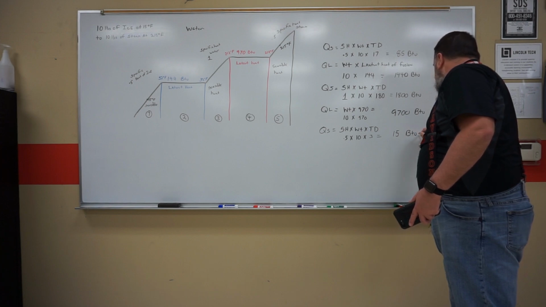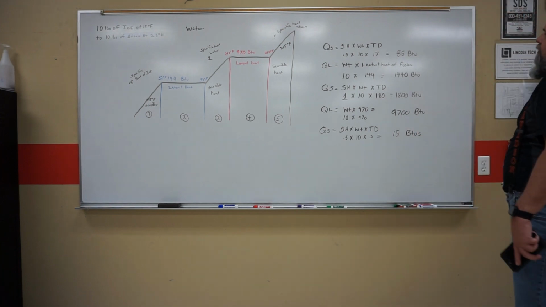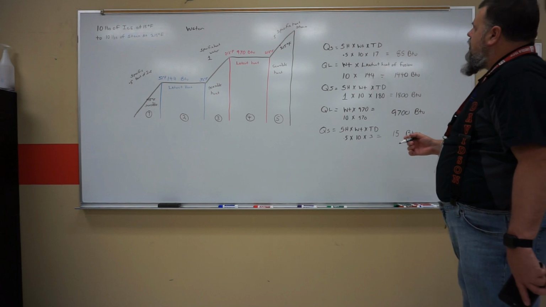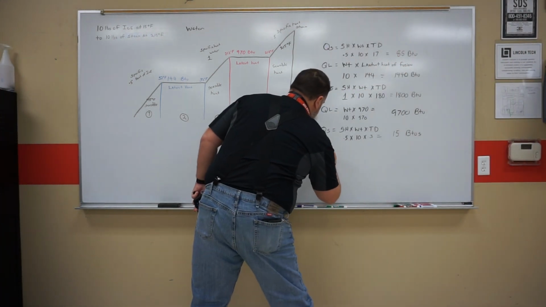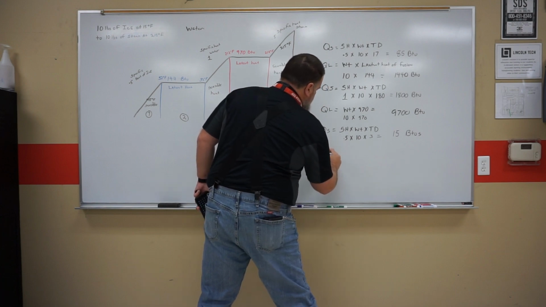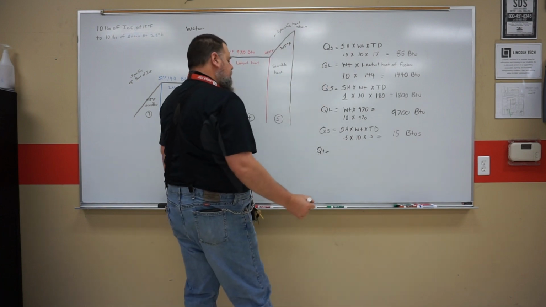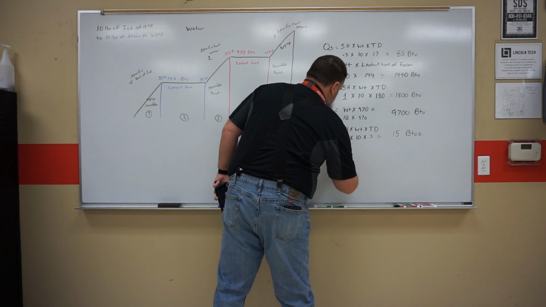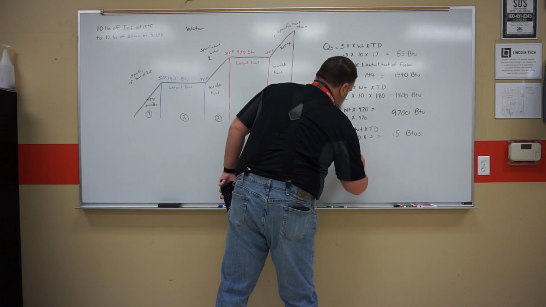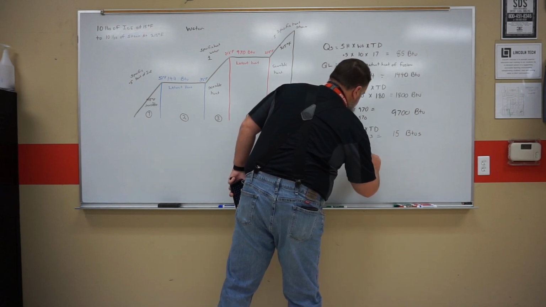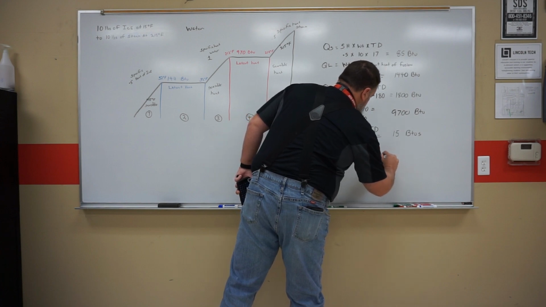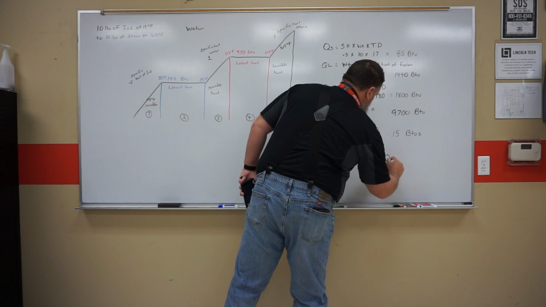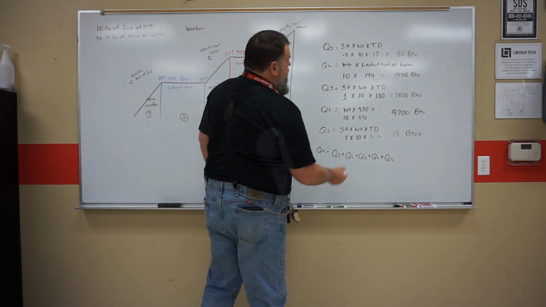All right, so what do we need to do now? We need to add all this up. So if we go down here, let's do QT. What's QT? QT is the total, not the gas station. So the total is Q of S plus Q of L plus Q of S plus Q of L plus Q of S. And if we look at that, what was our first one?